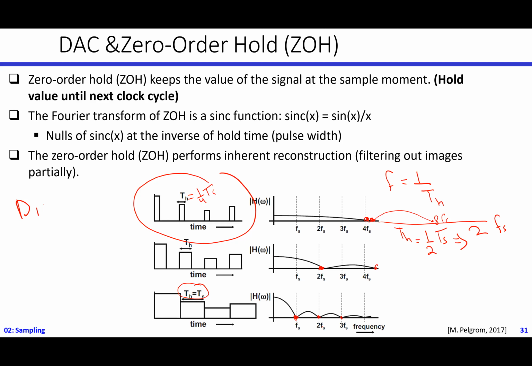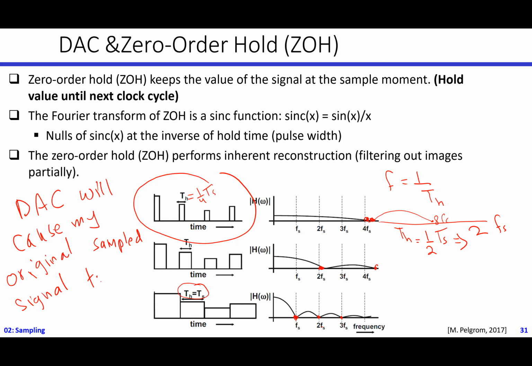Again, the DAC will cause my original sampled signal to convolve with a train of pulses in the time domain.